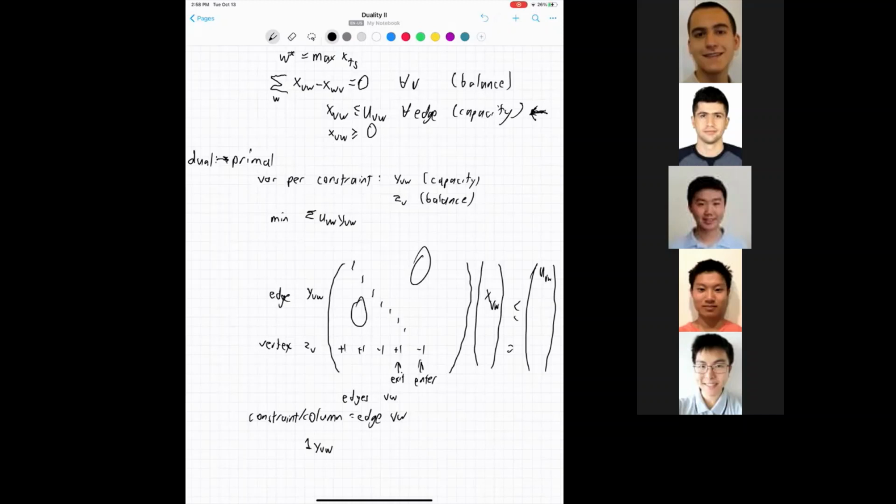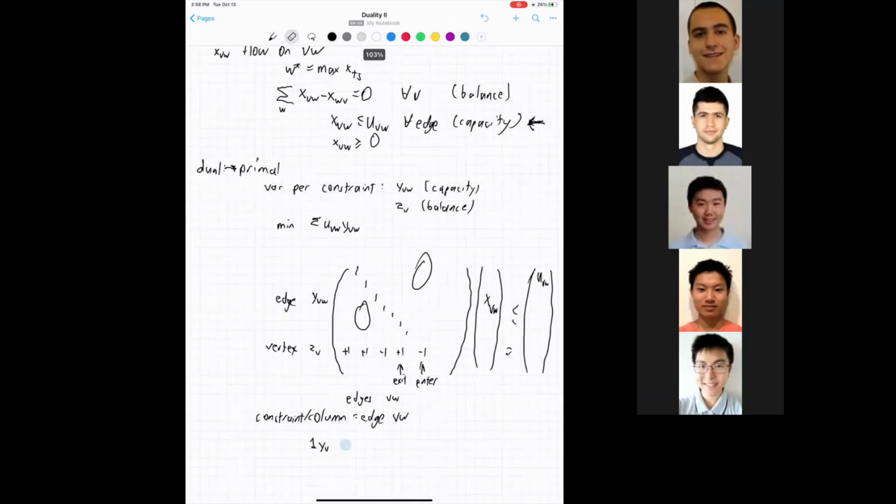And as we discussed, there's going to be a +1 at the vertex that it exits. So that's going to give us a +1 times ZV and a -1 times ZW. Which of course I can simplify down. I can ignore the 1s now and just write YV plus ZV minus ZW.